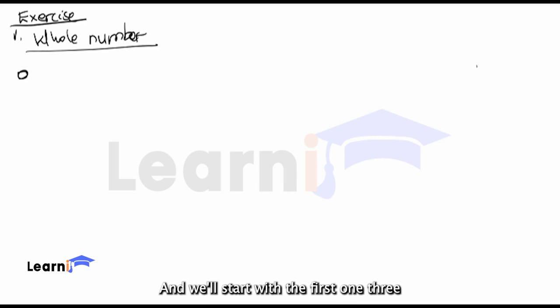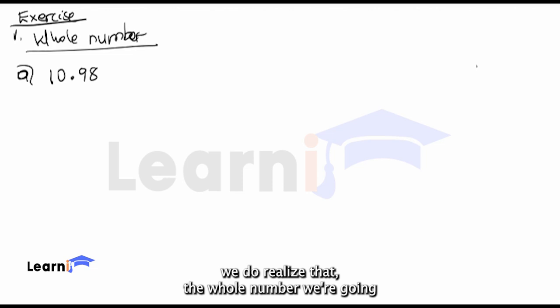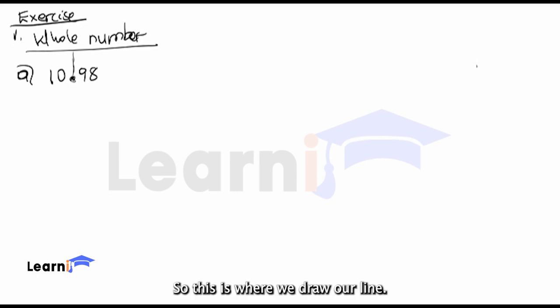We'll start with the first one, A, which is 10.98. In this case, we realize that for the whole number, this is a decimal point, right? So this is where we draw our line.